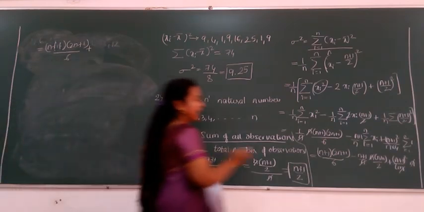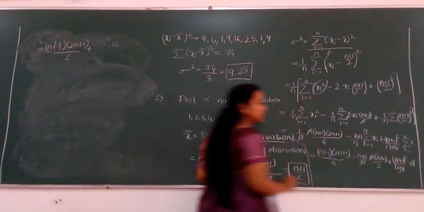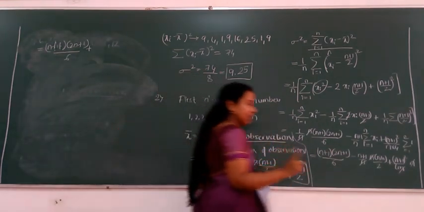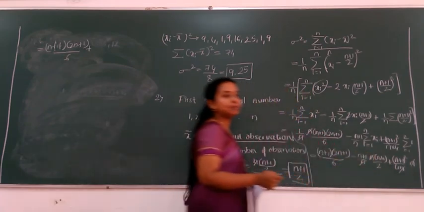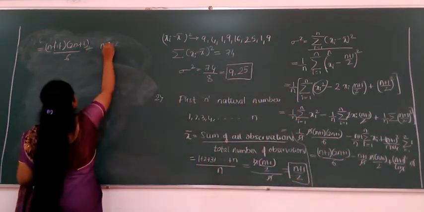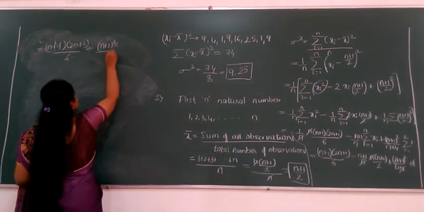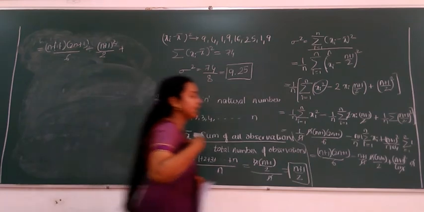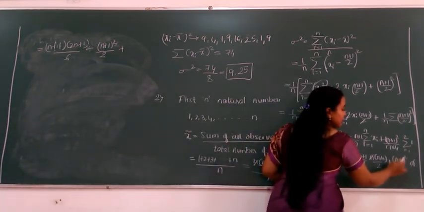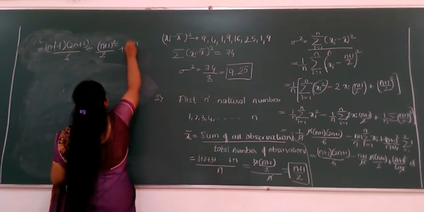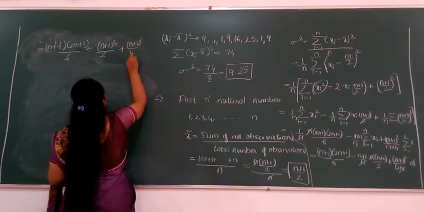It is minus C times n plus 1 into n plus 1. If a into a is there, what do you write? A square. In the same way, n plus 1 into n plus 1 we will write as n plus 1 whole square divided by 2. Next, plus, what is remaining in the last term? n plus 1 whole square by 4.